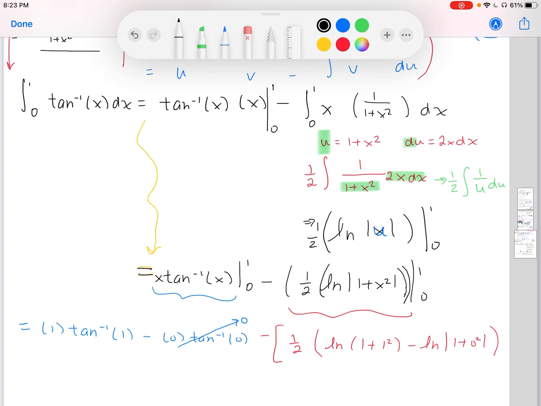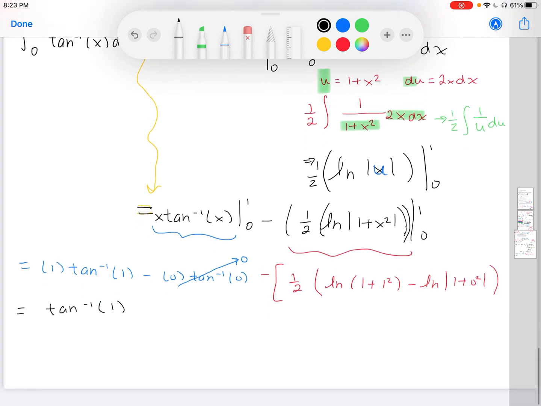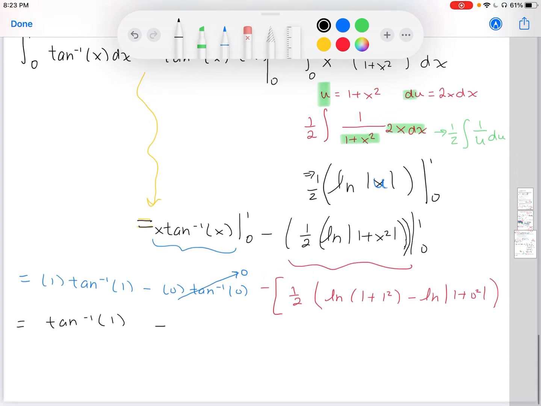Let's clean that up. We have 1 times tangent inverse of 1, and we have to see when tangent is equal to 1. Minus, well, this gives us ln of 2. And here we have ln of 1, and ln gives us 0 when the input is 1, so that's just 0. So we're left with 1/2 ln of 2.